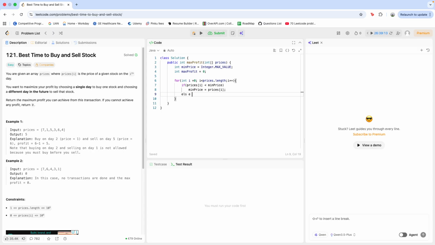Else, we'll store the profit. Now that we have the min price, we calculate the profit locally: profit is equal to prices of i minus min price.